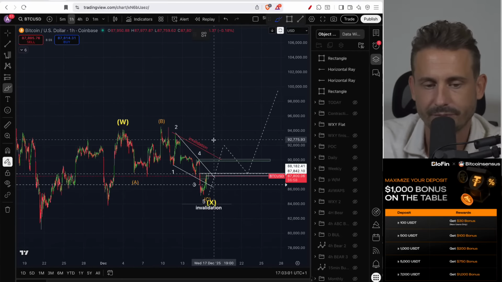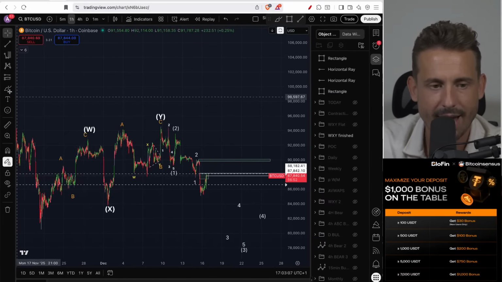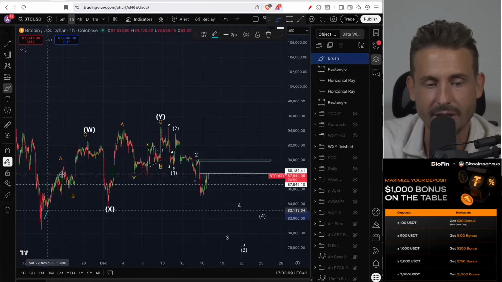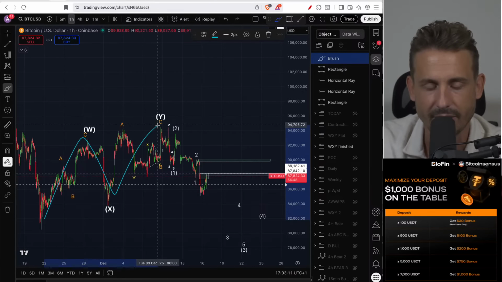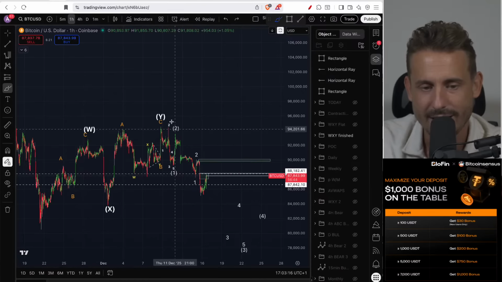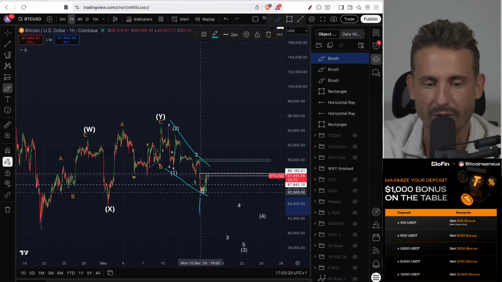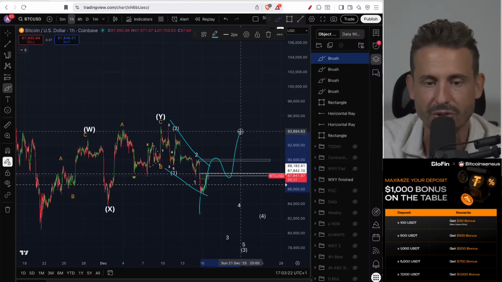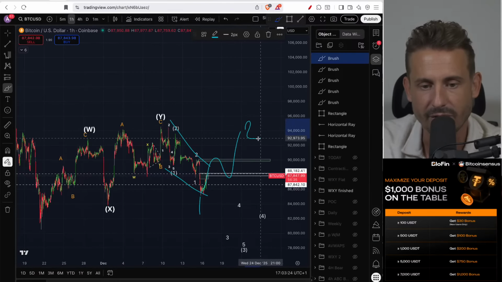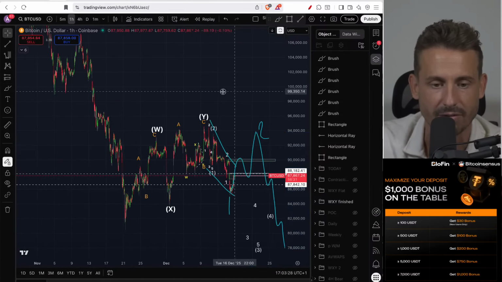However, there is a chance that instead of finishing a WXY and looking for 1-2, 1-2, 1-2, you could still have this contracting diagonal as your wave 1. You form a 3-wave structure in your wave 2, and then you break in a 3rd wave later on.